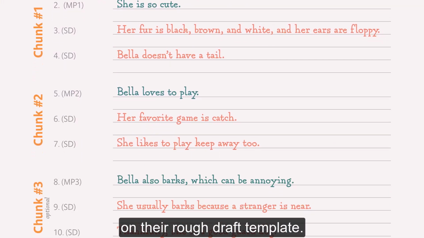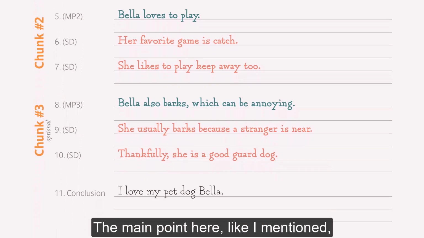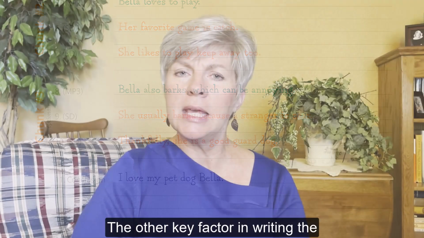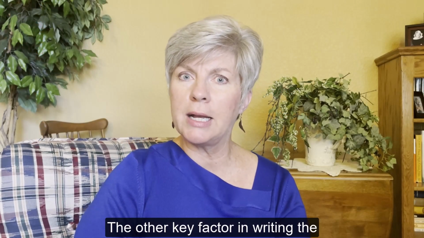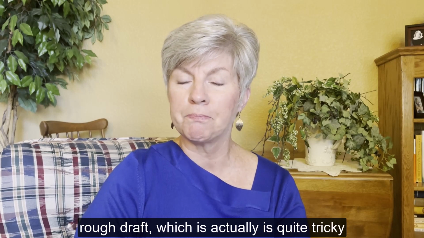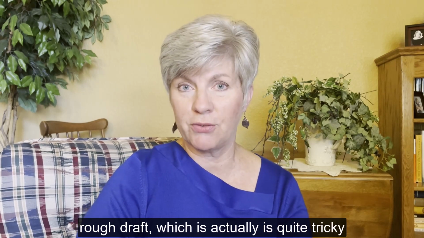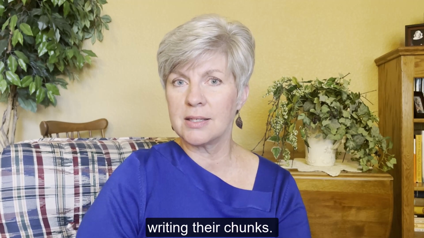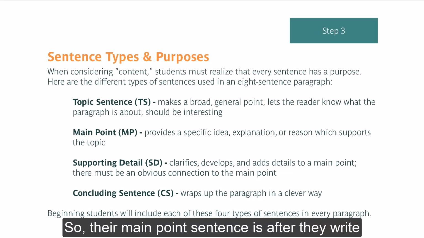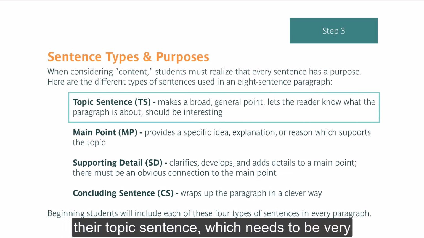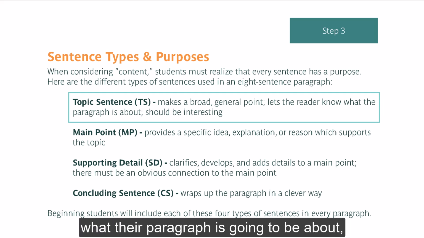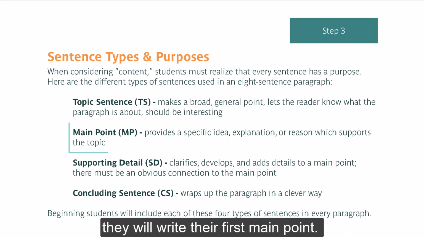rough draft template. The main point here, like I mentioned, is we do not want to lose the order and the organization that they have worked hard to create. The other key factor in writing the rough draft, which is actually quite tricky for students, is where they are writing their chunks. So their main point sentences, after they write their topic sentence, which needs to be very broad and general, and identify what their paragraph is going to be about, they will write their first main point.